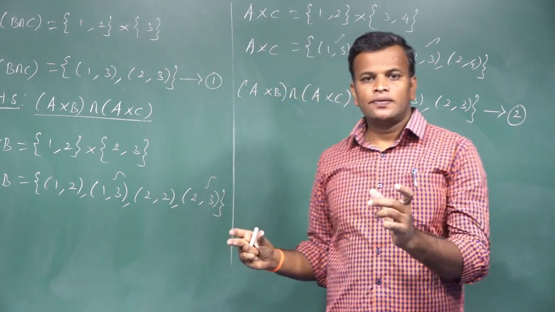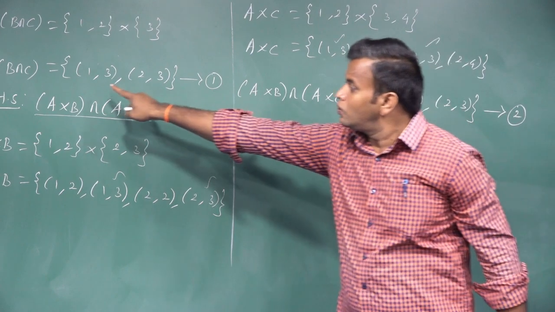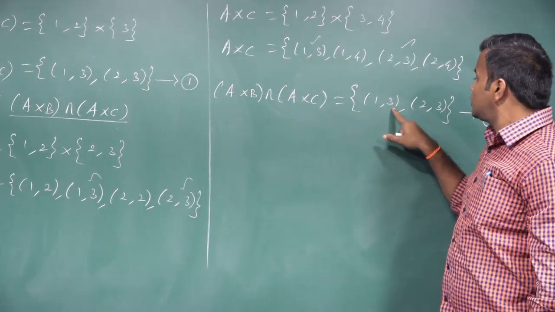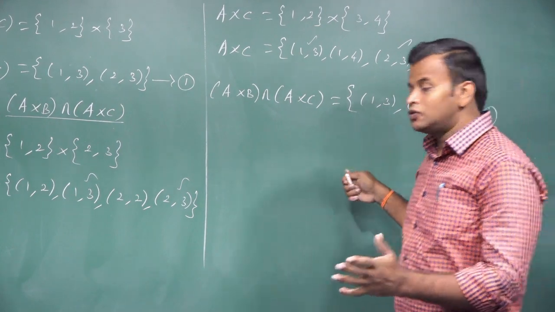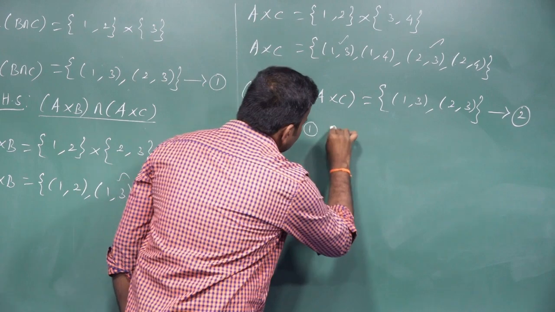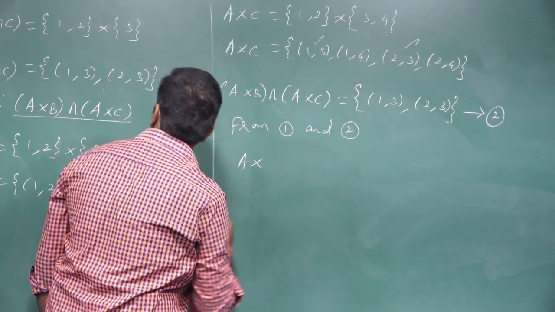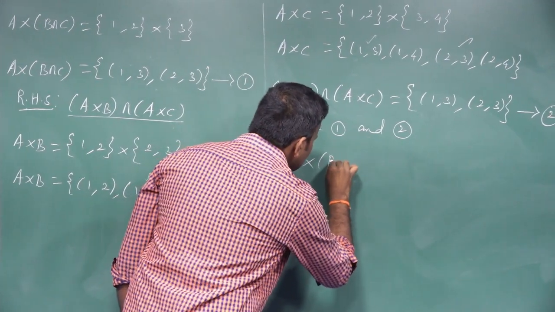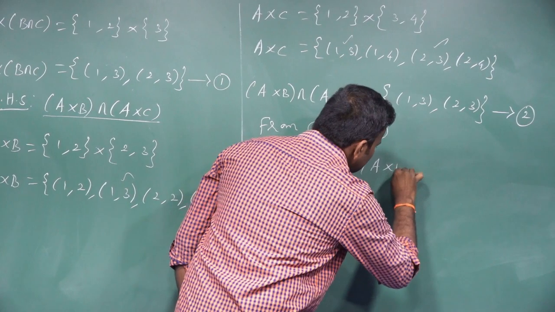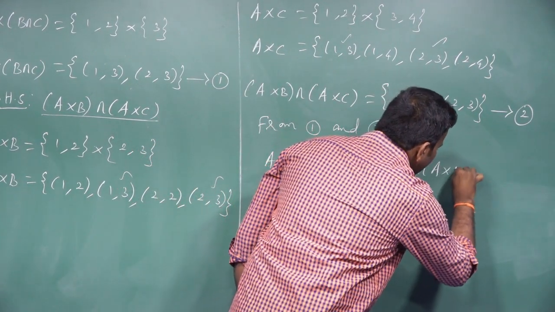Now we check whether it is equal to the first equation. You see the first equation: (1, 3), (2, 3). Second equation: (1, 3), (2, 3). So both are the same. Now we come to the conclusion. From 1 and 2, A cross (B intersection C) is equal to (A cross B) intersection (A cross C).